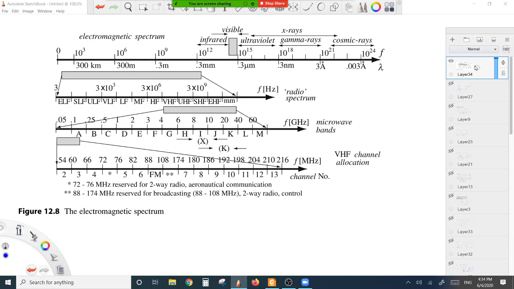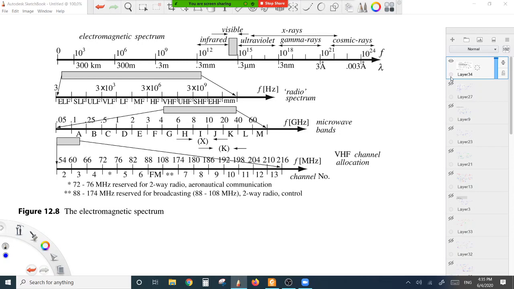Well, from our previous lessons, we can conclude that a low frequency wave has a long wavelength, and a high frequency wave has a shorter wavelength.